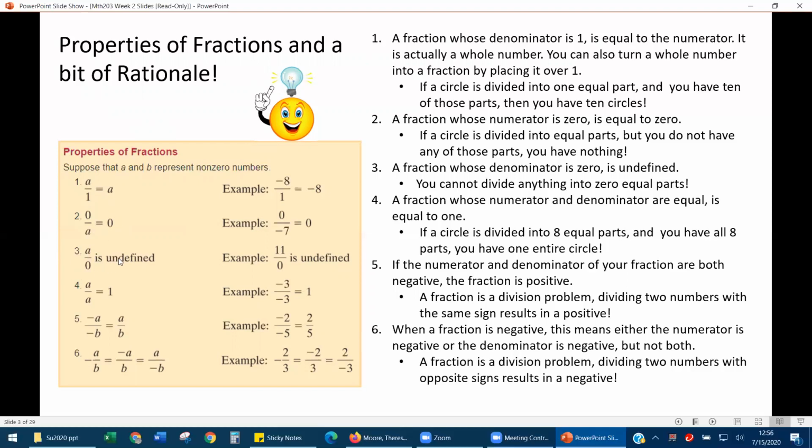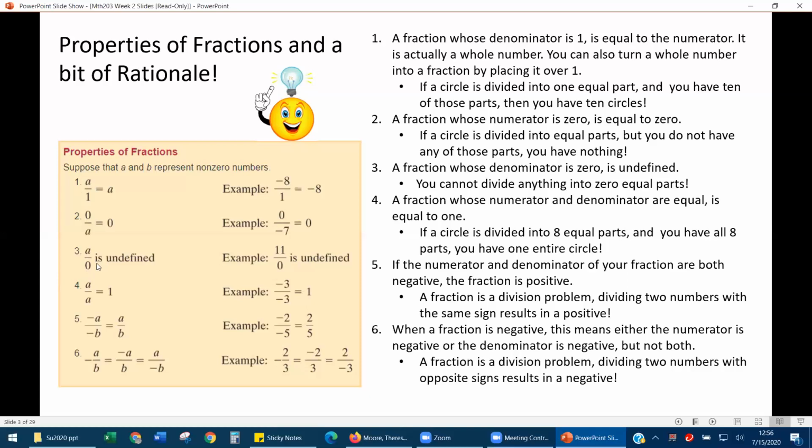If the denominator is 0, your entire fraction is undefined, because a whole unit could not be separated into 0 equal portions. If we do not separate it, it is still 1 whole unit. That's where the denominator of 1 came in.